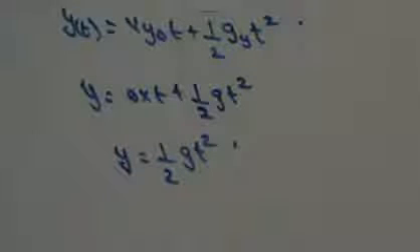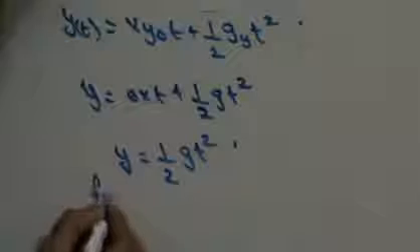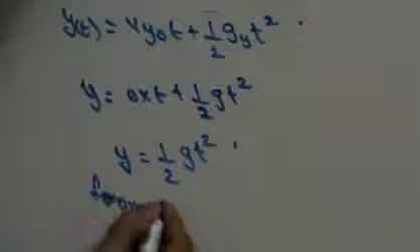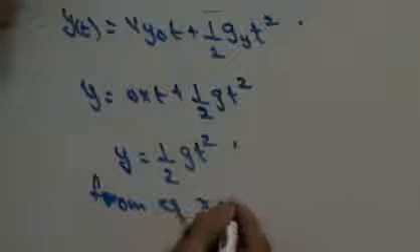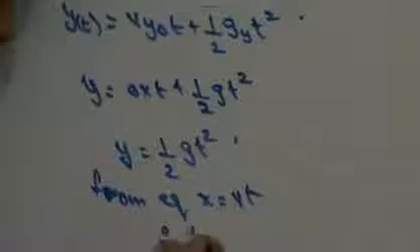Right? Now from equation 1, that is, equation x is equal to vt, I can say that t is equal to x upon v.